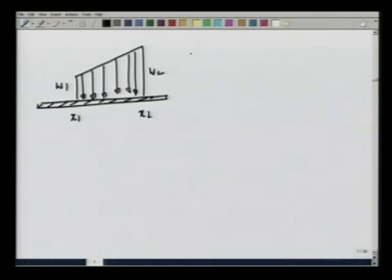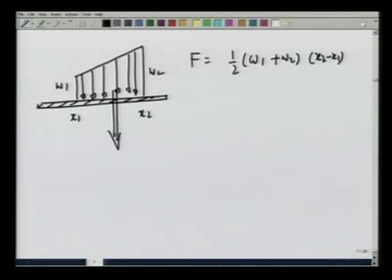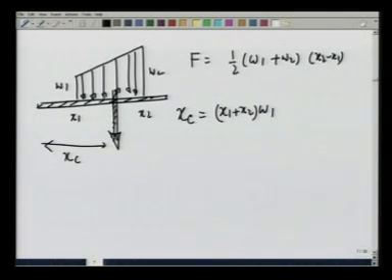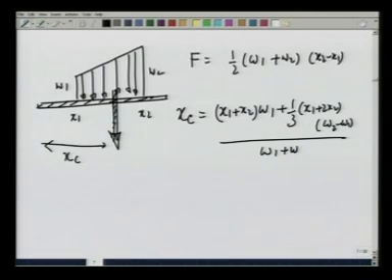Then the total load force comes out to be 1/2 (W1 plus W2)(x2 minus x1), and the point at which it acts is at a distance x_c, which, as I wrote in the previous slide, is [(x1 plus x2) W1 plus 1/3 (x1 plus 2 x2)(W2 minus W1)] divided by (W1 plus W2).